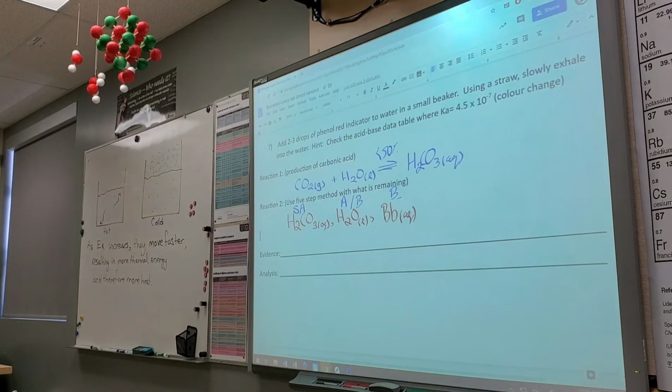Is BB minus a stronger base? Yeah. Then it's water. And water is a stronger base.